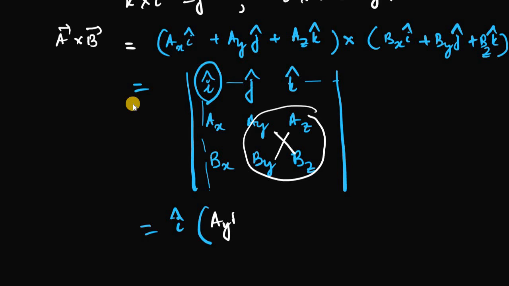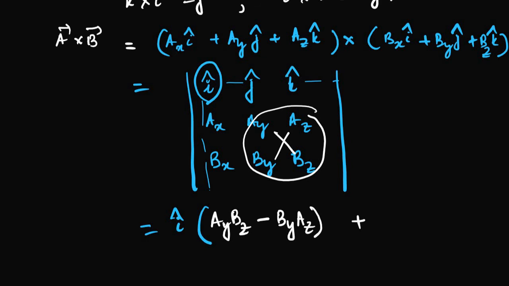AYBZ minus BYAZ. So what you are doing? You are leaving the X component, j, k, and you are multiplying AYBZ minus BYAZ. That's it.